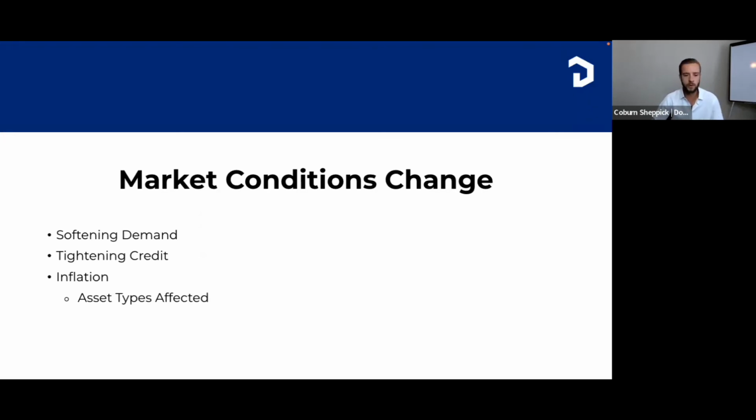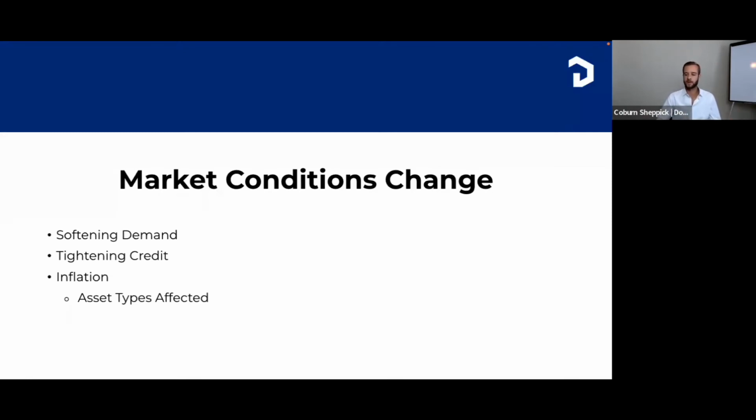Tightening credit as well, which we're experiencing now, and inflation, which we're also experiencing now. So market conditions can affect the asset, but it depends on the asset as well.